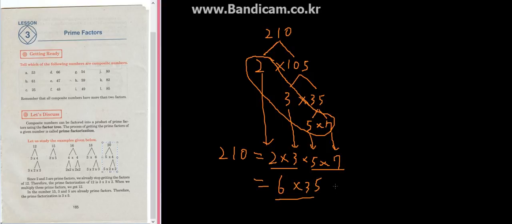And if you multiply these the long way, 6 times 35 gives 210. Amazing. So this is what is called prime factorization.